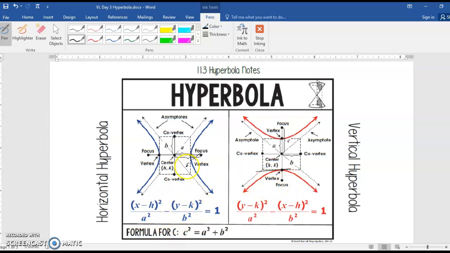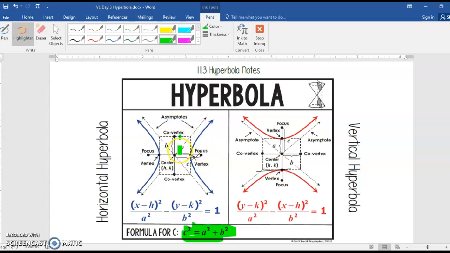Looking at the details of the focus, the focal length, which is from the center to the focus, can be figured out using this formula, c squared equals a squared plus b squared. Yes, it looks like the Pythagorean theorem, and it's literally that, because you will see that this is a and this is b, and hence you're finding the length of the hypotenuse, and that would be c.